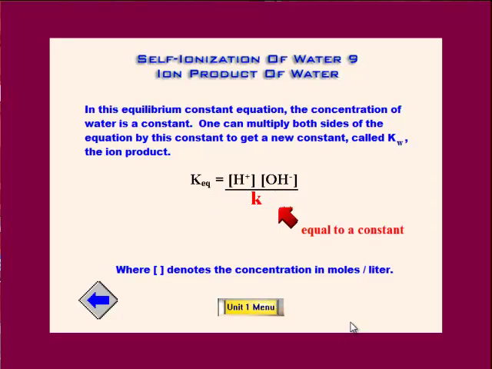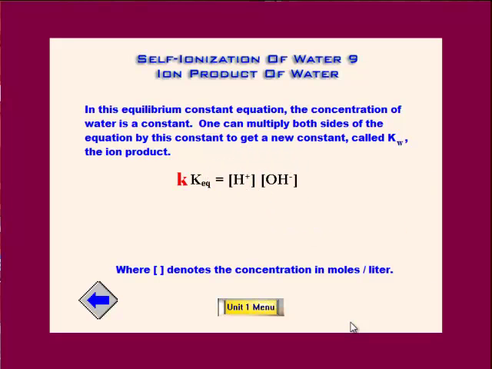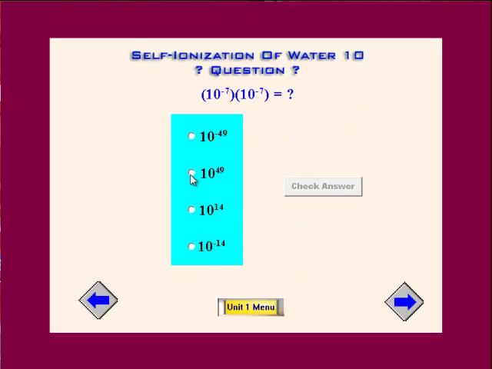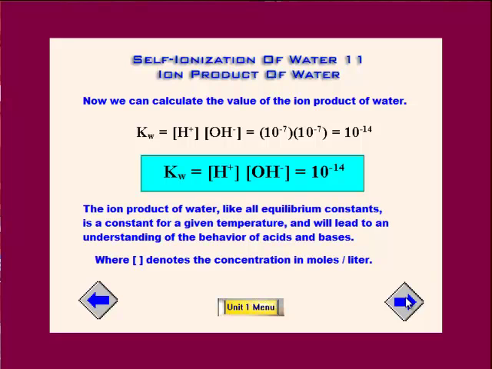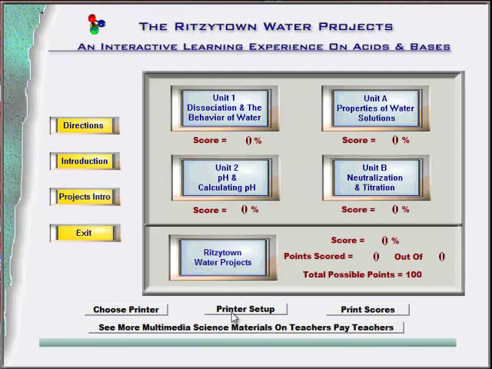A little bit of simulation here to help describe where the equilibrium constant or the ion product comes from. Again, quick question. Description of the ion product. So that's the kind of tutorial that you'll see.